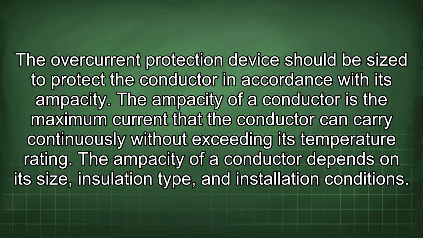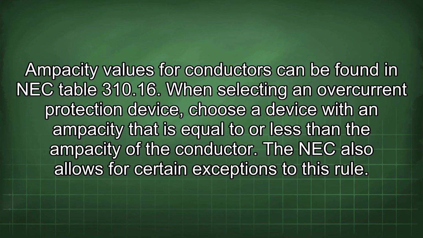The ampacity of a conductor is the maximum current that the conductor can carry continuously without exceeding its temperature rating. The ampacity of a conductor depends on its size, insulation type, and installation conditions. Ampacity values for conductors can be found in NEC Table 310.16. When selecting an overcurrent protection device, choose a device with an ampacity that is equal to or less than the ampacity of the conductor.